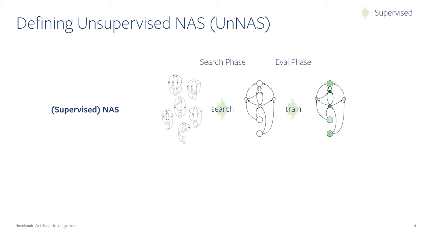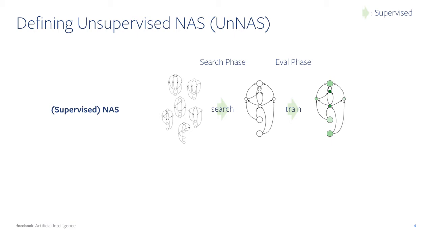But in addition to this search phase, there's also an evaluation phase in the problem of NAS. That is, when we have identified the architecture, we train it from scratch on some target data and task to assess its quality. As indicated by the green arrows, the search phase typically uses human annotated labels, and the evaluation phase uses human annotated labels as well.